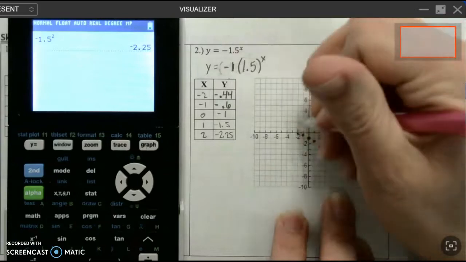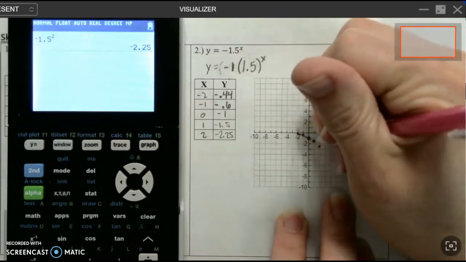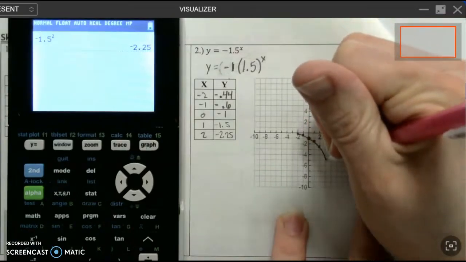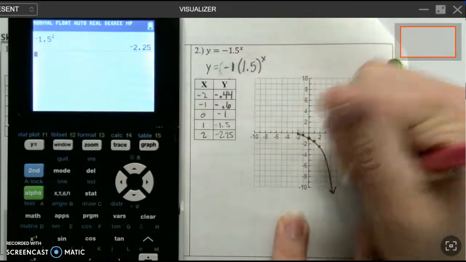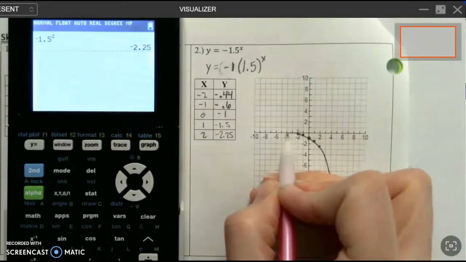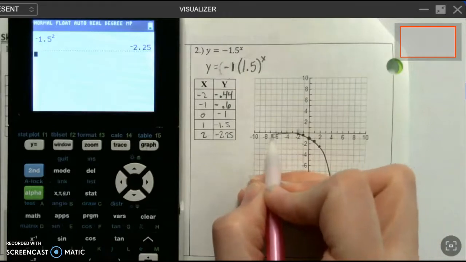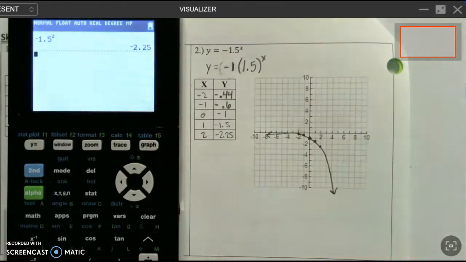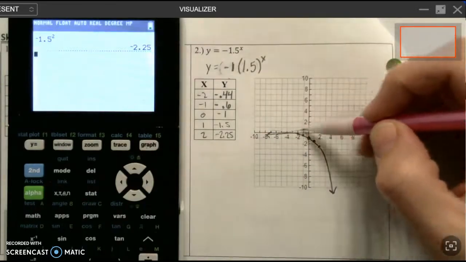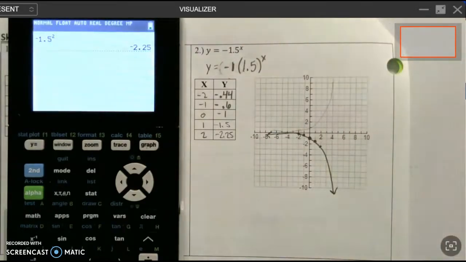So this is a slower growing function. And there we go. But you can see it has been flipped upside down. Its mirror image would be this way. So it's a growth. Just a growth upside down.